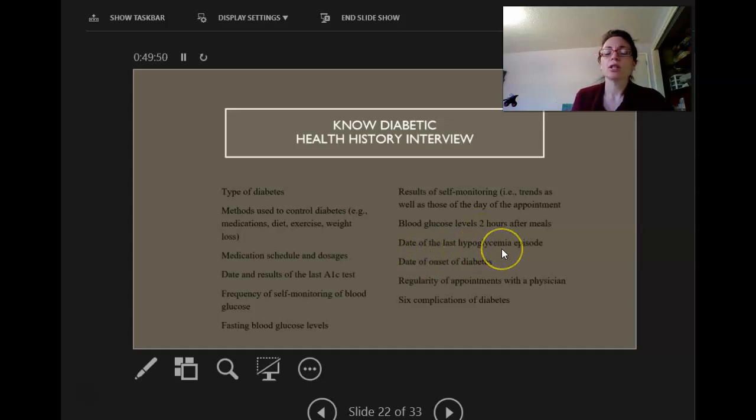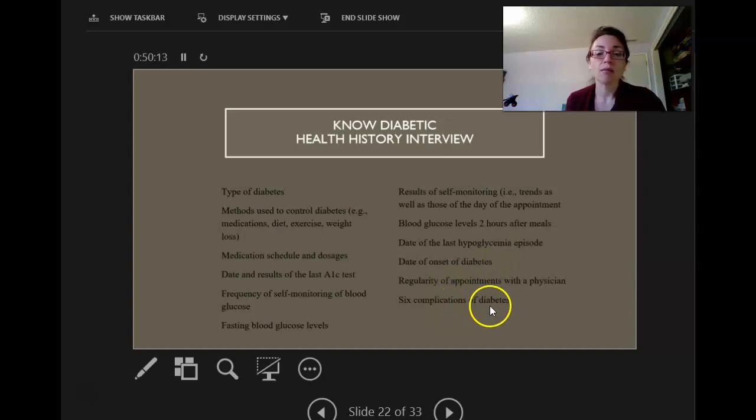Date of the last hypoglycemia episode. So if they have had a medical emergency type situation, when did that happen last? When did their diabetes first get diagnosed? And then regularity of appointments with their physician. How often do they see their doctor to maintain everything and get their tests?